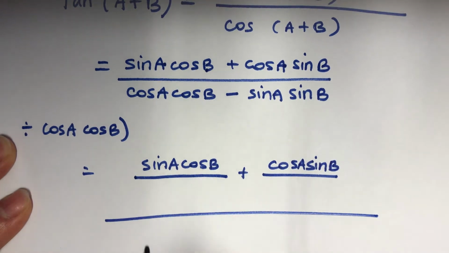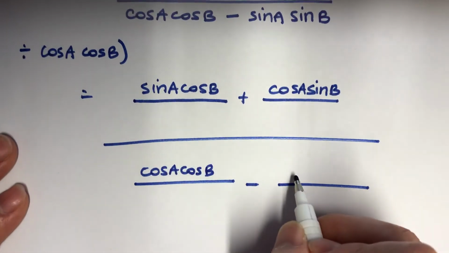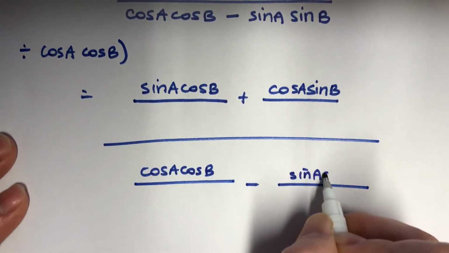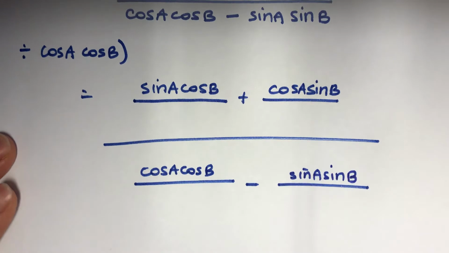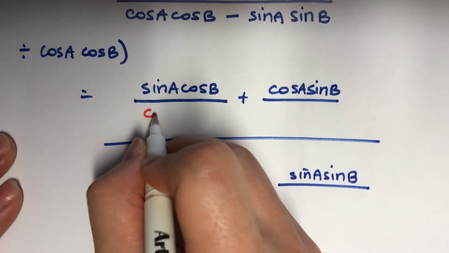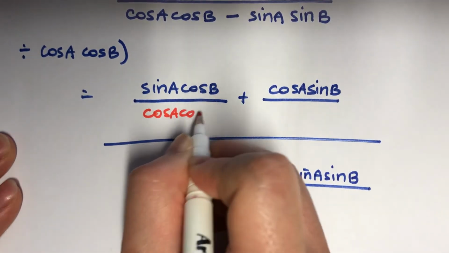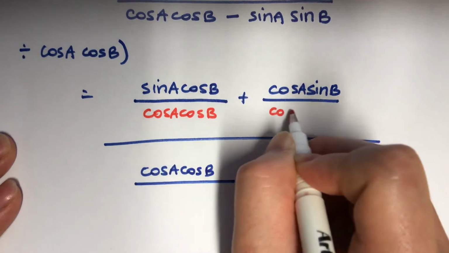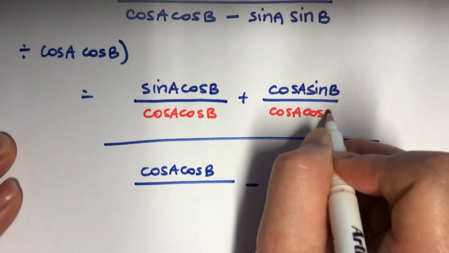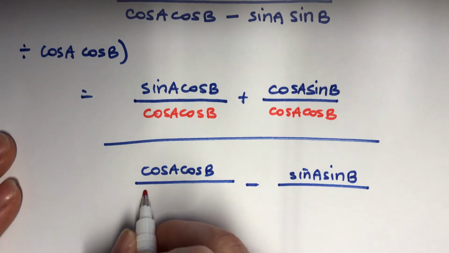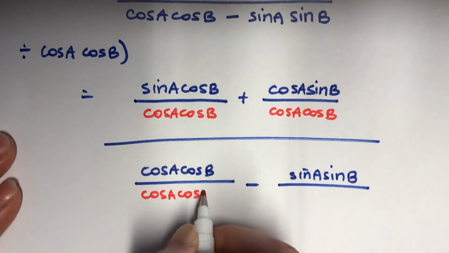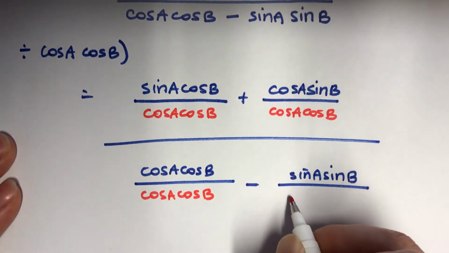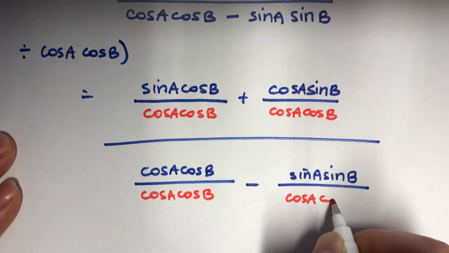Minus that. So cos A cos B and then sine A sine B, and the one that I'm going to divide by, I'm going to write in red so it won't confuse too much. It will still be a bit confusing, but this is what I think is best at this point.